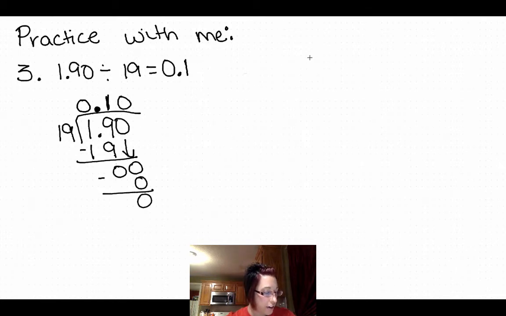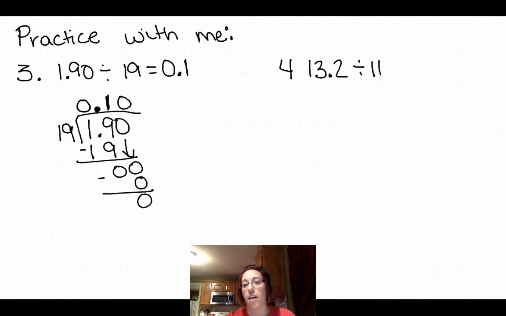Let's look at our next practice problem here. Number 4, we have 13 and 2/10 divided by 11.